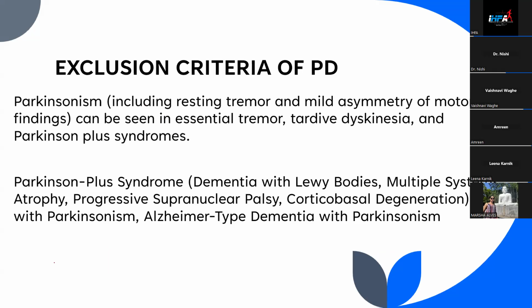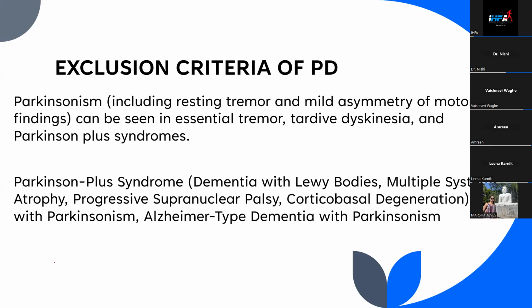Now, what are the exclusion criteria which I was telling about? Parkinsonism includes resting tremors and mild asymmetry, but usually they have essential tremors, tardive dyskinesia, and Parkinson's plus syndrome. These are different conditions which mimic Parkinson's but actually are not Parkinson's.